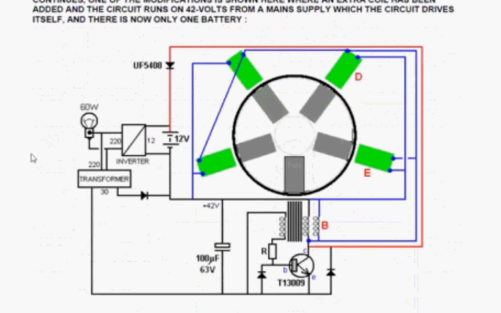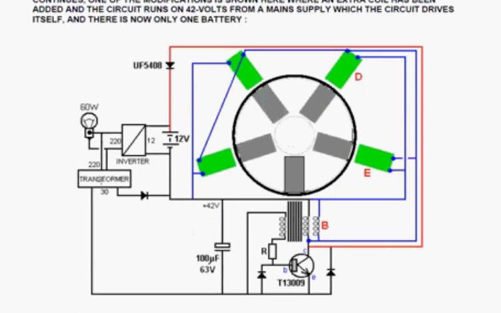And one of the circuits that he's now sharing is this. He's got a central rotor with 5 magnets in, and he's got 5 coils around the outside. He's only using 1 battery. Initially, that 1 battery powers the inverter, gives you 220 volts, and powers a 60-watt bulb.